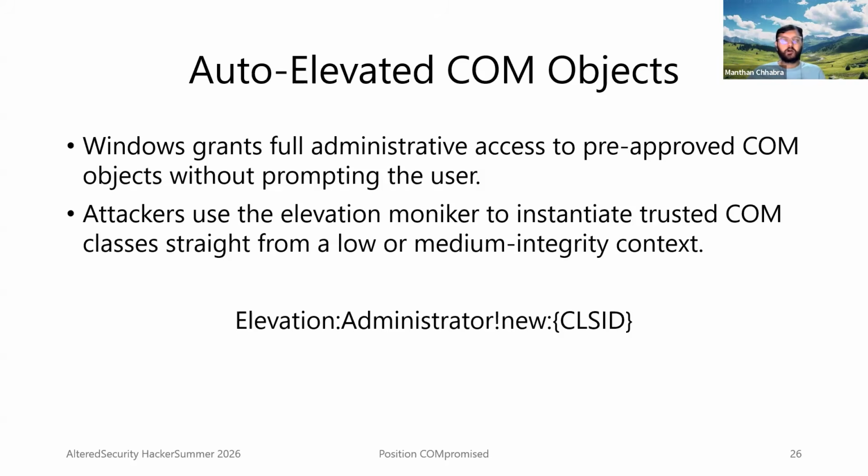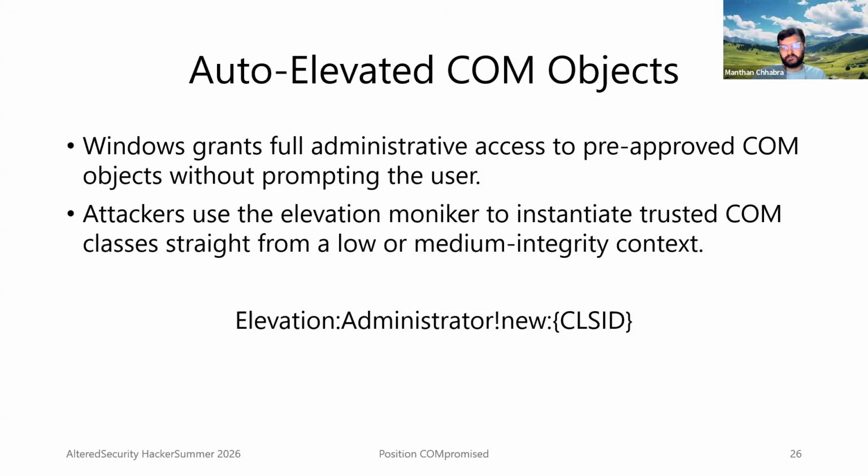If the calling process is running in a standard security token, right? A medium integrity, right? Let's say if it's running in medium integrity, right? The operating system, if it realizes the COM object actually has approval for auto elevation, right? The operating system actually grants the fully administrative privileges to that COM object without ever popping the UAC prompt, right?